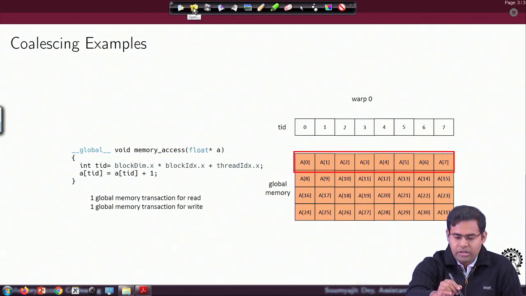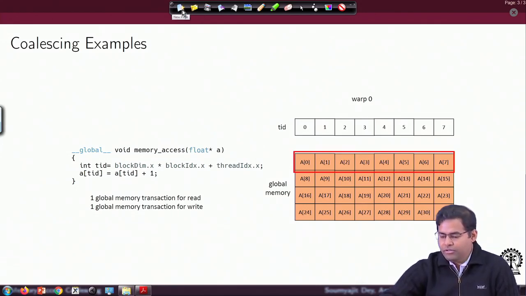We are just considering that the warp width is 8 and similarly the global memory transaction is also 8 cross 4 bytes, right.